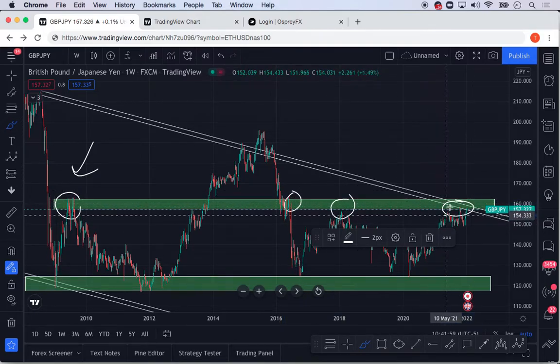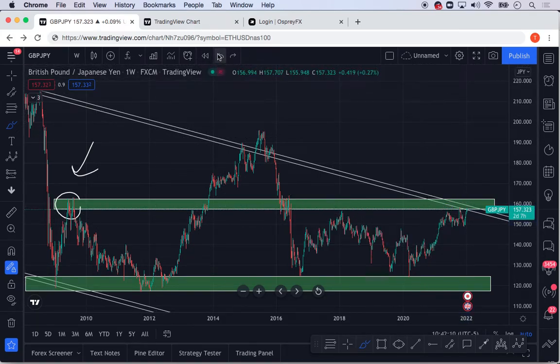Look how many times it tried to break, drop, tried to break, drop. It's trying to break it, but it can't for whatever reason. I don't know why. But to me, that's why I said I'm looking at this level as my resistance.